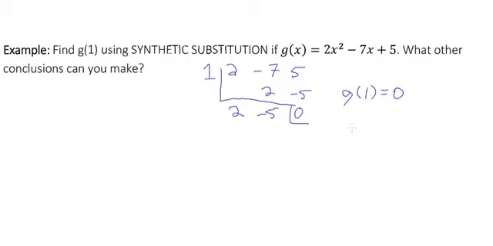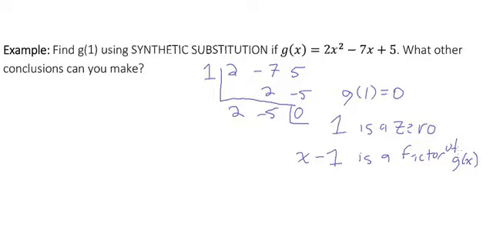So think about the conclusions you make here. Well, since I substituted 1 and the outcome was 0, I know 1 is a 0. And I also know that its factor, x minus 1, is a factor. And of course these are both of g of x.